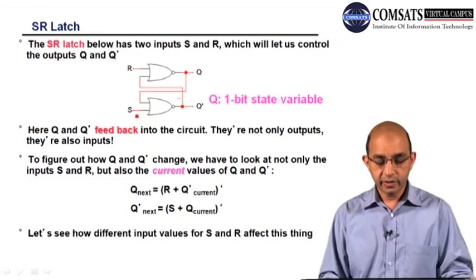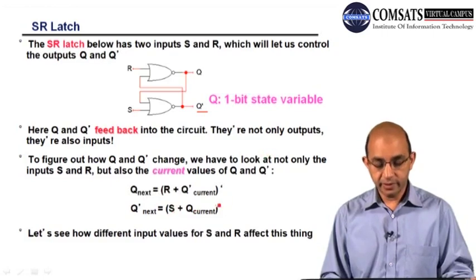Q is fed back with this S, and Q bar is fed back with this R. If we want to see the Boolean equations, this is Q next, and it depends on R plus current Q bar, whole bar, and then Q bar next is dependent on S plus Q current.